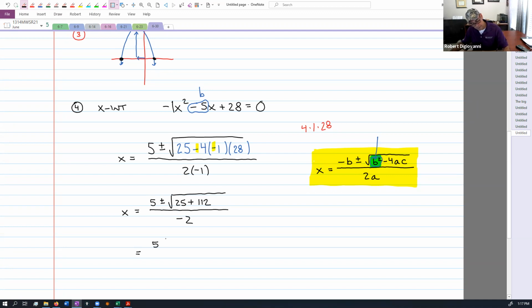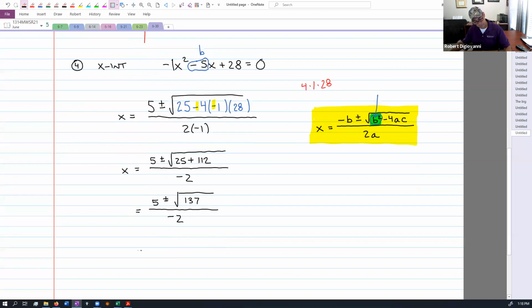Which is 5 plus or minus. Now 25 plus 112 is 137, I believe. So all I did there was add those two together. Last thing here, what's the square root of 137? Do you have the ability to do that on your calculator?